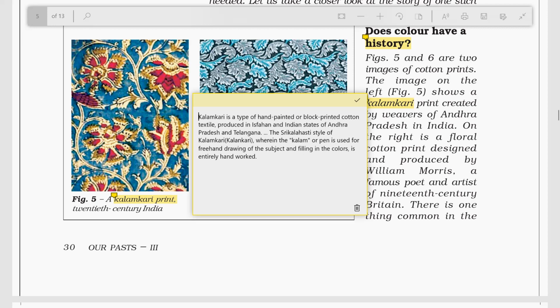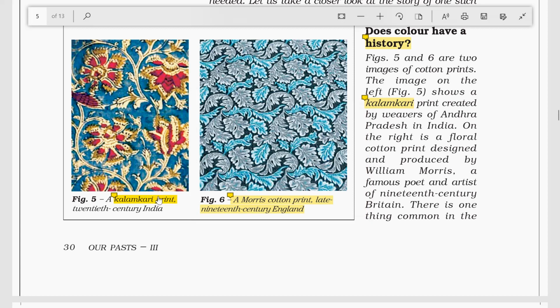The Sri Kalahasti style of kalamkari, where they use a kalam or a pen for drawing a sketch, and then they fill in the color by hand.